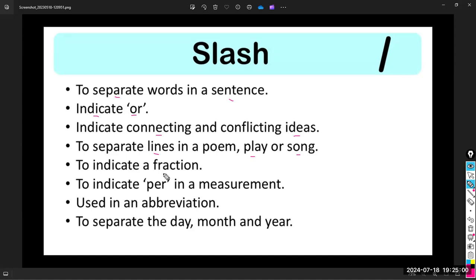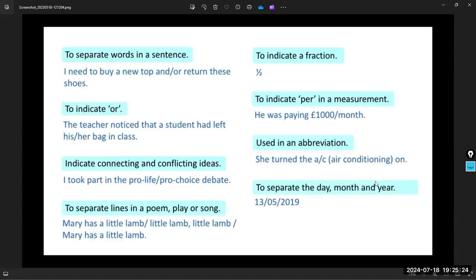Next, to indicate a fraction. Then, to indicate per in a measurement. Next, to use it in an abbreviation. Finally, to separate the day from the month from the year. Bravo, let's discuss them. They are extremely easy. Now, these are all the rules in one page about using the slash.